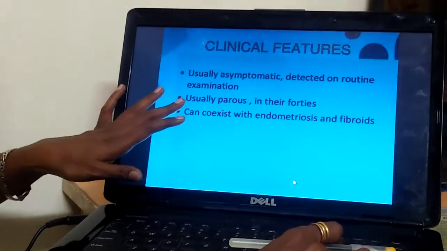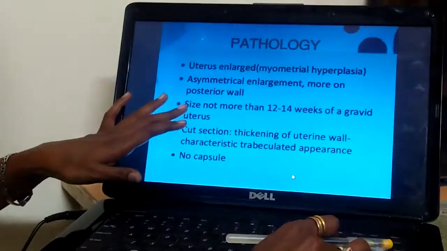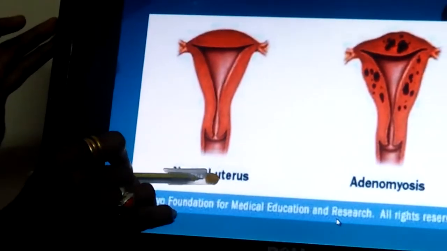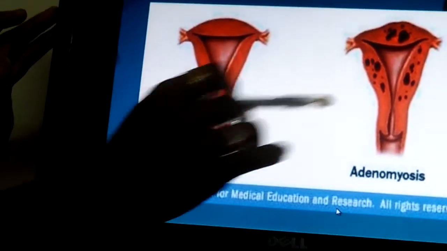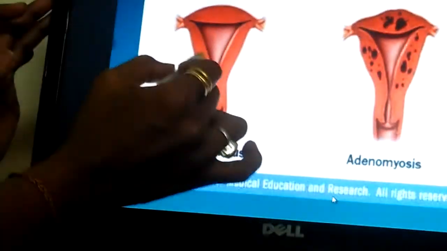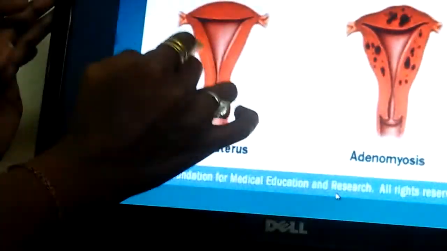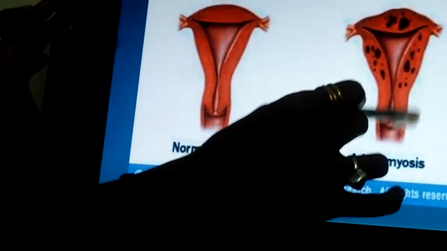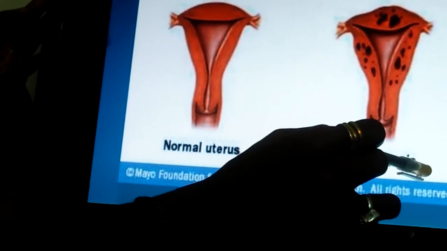If you want to see from this diagram, the discharge from this endometrium is going to be normal, but the surface area is more than normal. That's why the duration or quantity is more. That's why there is menorrhagia.